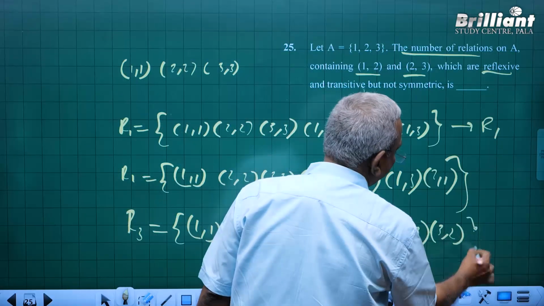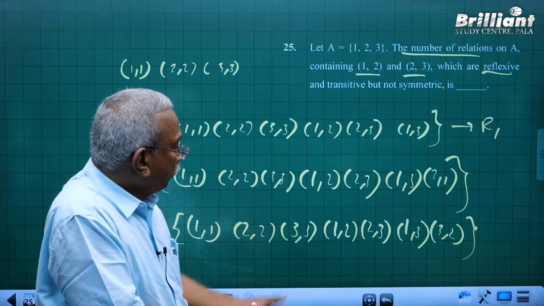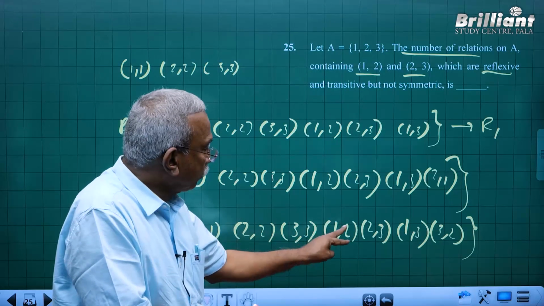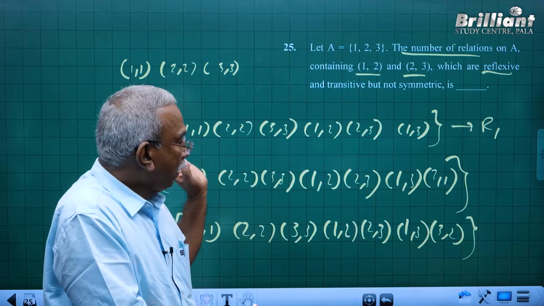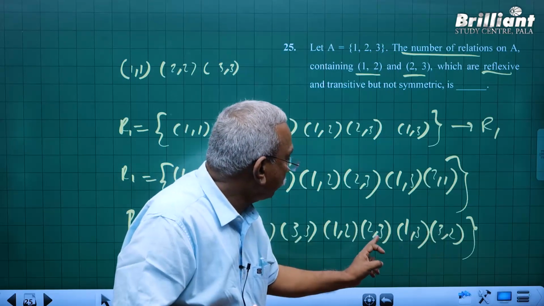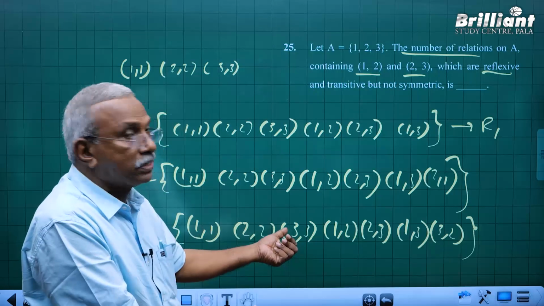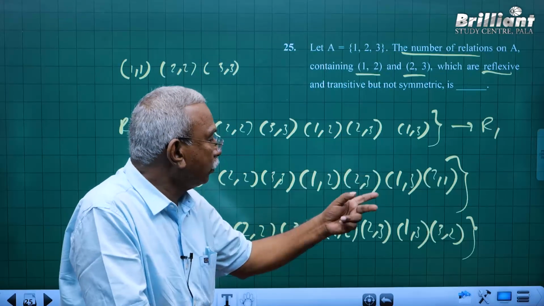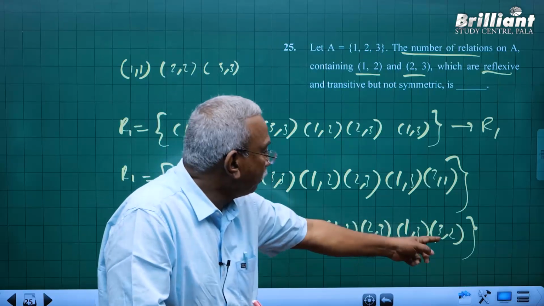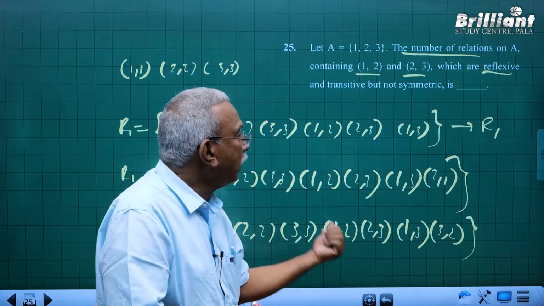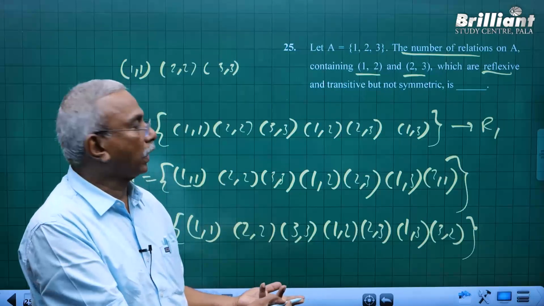So that there is no (1, 2) term reversed, there is no (2, 1), it is not symmetric. And (3, 2) and (2, 3) will give (3, 3), that's already there. This is transitive. Without (2, 1) inserted, it is again not symmetric.